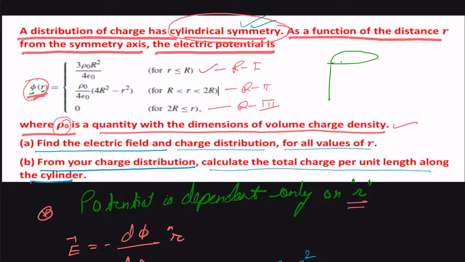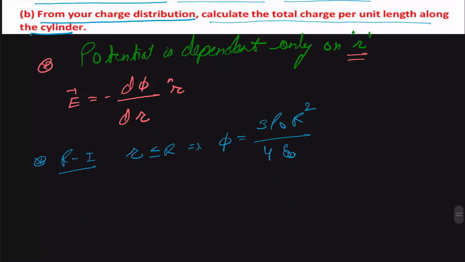So suppose this is some kind of cylinder, and here we are going to find our potential. This is our r, and capital R is the radius. So in part A, when r is less than or equal to R, it means the point lies inside or on the cylinder, and our potential is governed by equation number 1. In this equation, it is independent of the distance where the point lies. So we can say that our phi is not dependent upon our r.